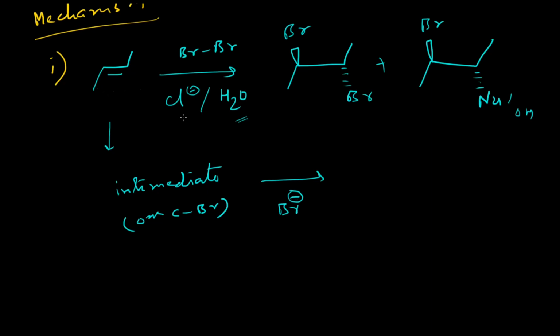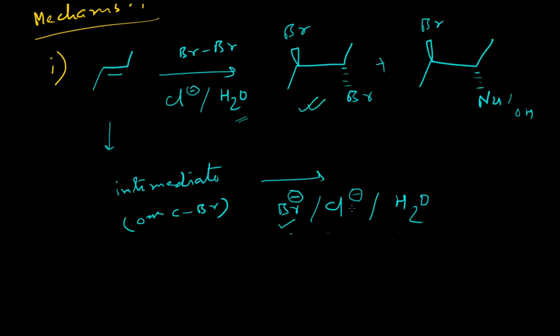So now if Cl minus and water are also present, then there will be a competition between these three nucleophiles. These three are nucleophiles, and the intermediate in our case will be an electrophile. So among these three nucleophiles, if Br minus attacks the intermediate, then we will get our desired product.